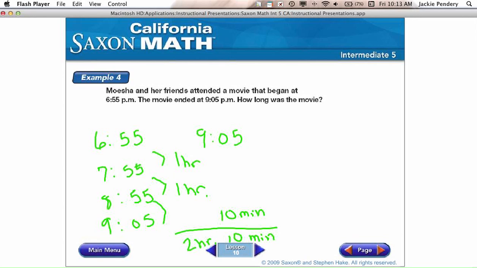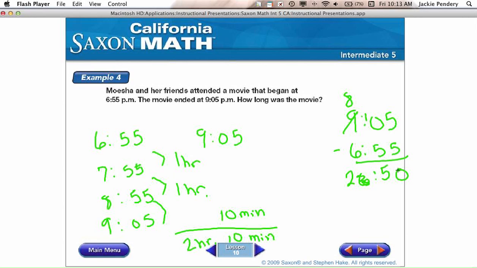If I tried to subtract this, watch what would happen. 5 minus 5 is 0. Can't do minus 5. 10 minus 5 is 5. And 8 minus 2 is 2.